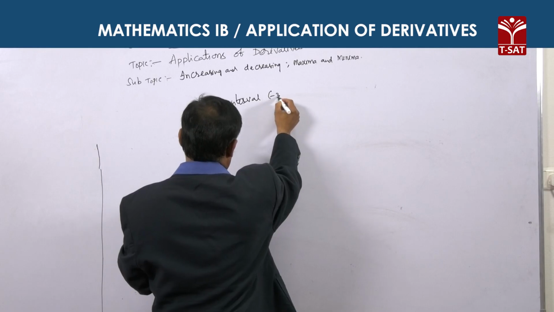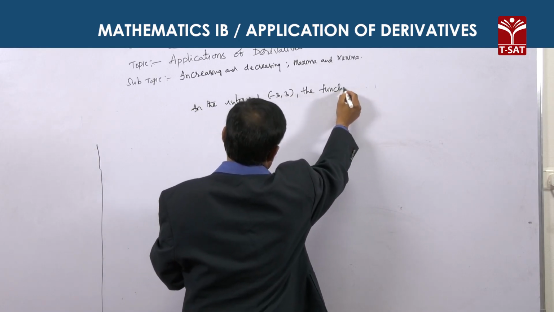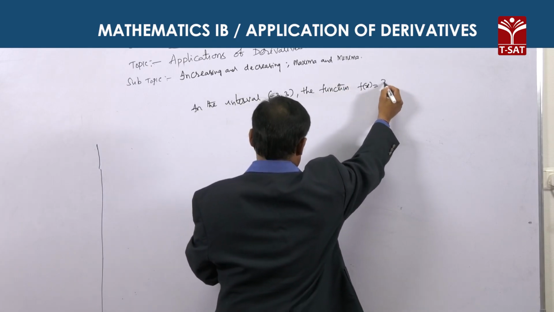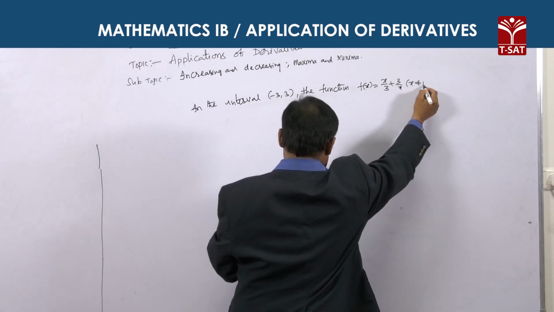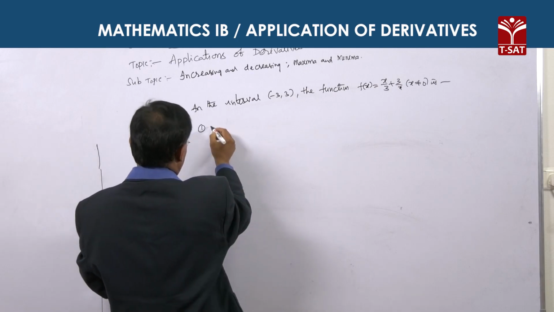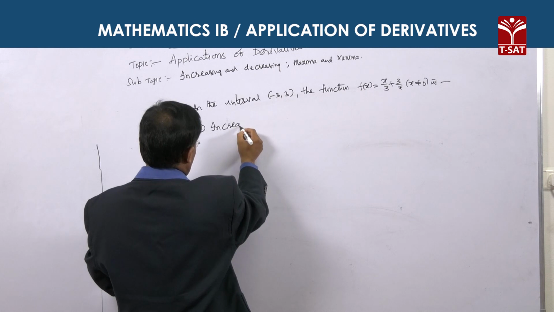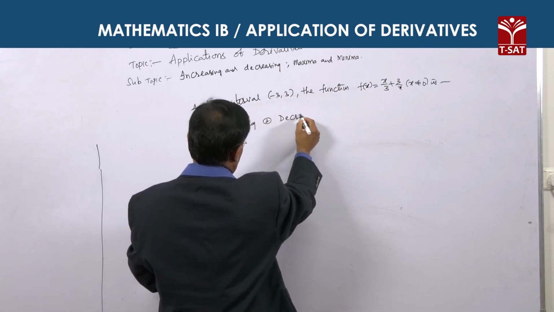In the open interval (-3, 3), the function f(x) = x/3 + 3/x, x not equal to 0. The first answer is increasing. Second answer is decreasing.